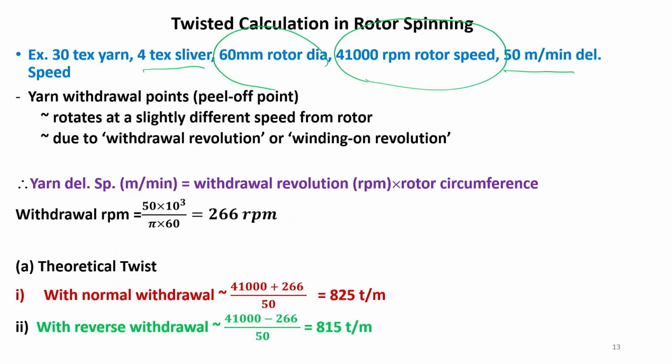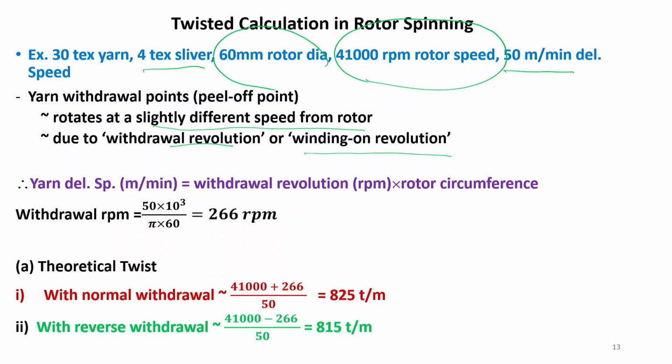Okay. Now, the yarn withdrawal point, that is the peel off point, rotates at a slightly different speed from the rotor. So, the main twist is coming due to the rotor revolution plus the peel off rotation, due to the withdrawal revolution or the winding on revolution.